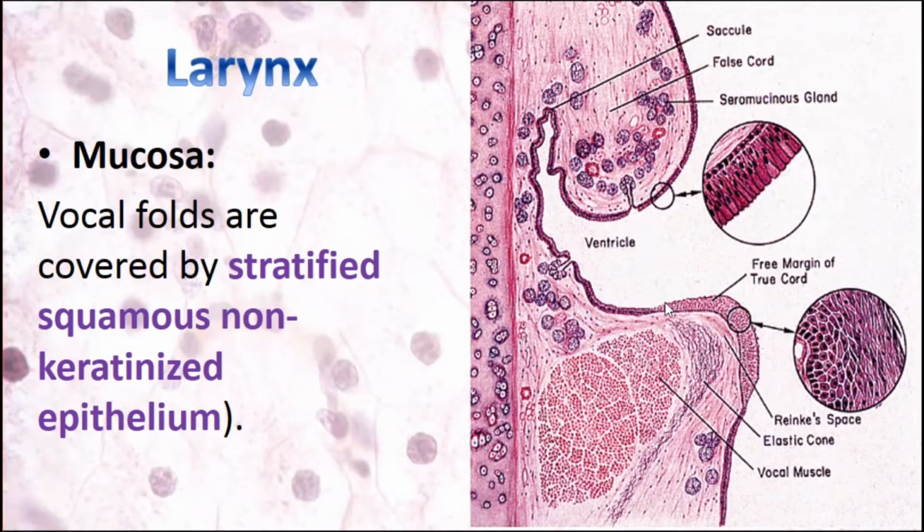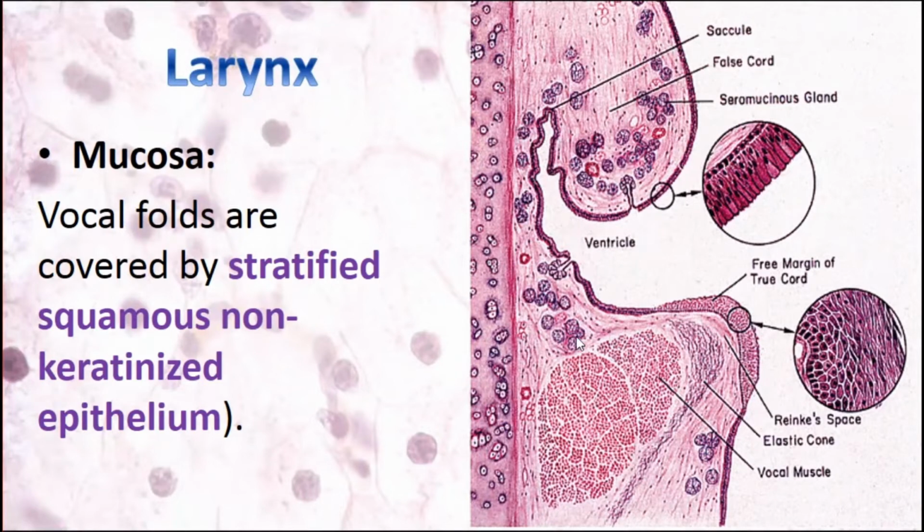This epithelium has no cilia; it's stratified because these mucosal folds participate in voice generation, and cilia aren't needed here, and we need a stronger epithelium on the vocal folds. But false vocal folds are covered with typical pseudostratified epithelium.